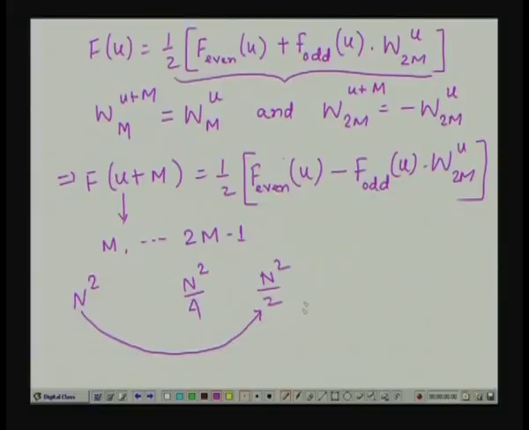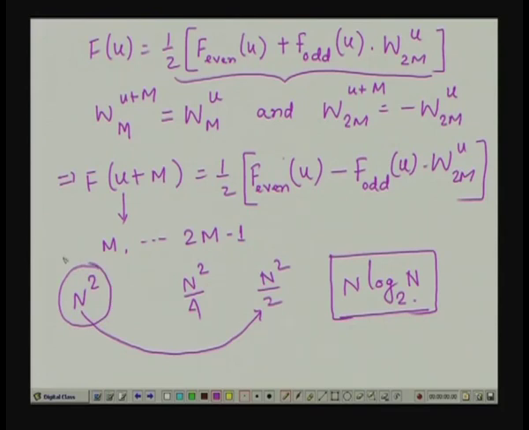And it can be shown that for this fast Fourier transform implementation, the total number of computations is given by N log N, where log is taken with base 2. So, this gives an enormous gain in computation as against the N square computations that are needed for direct implementation of the discrete Fourier transformation.